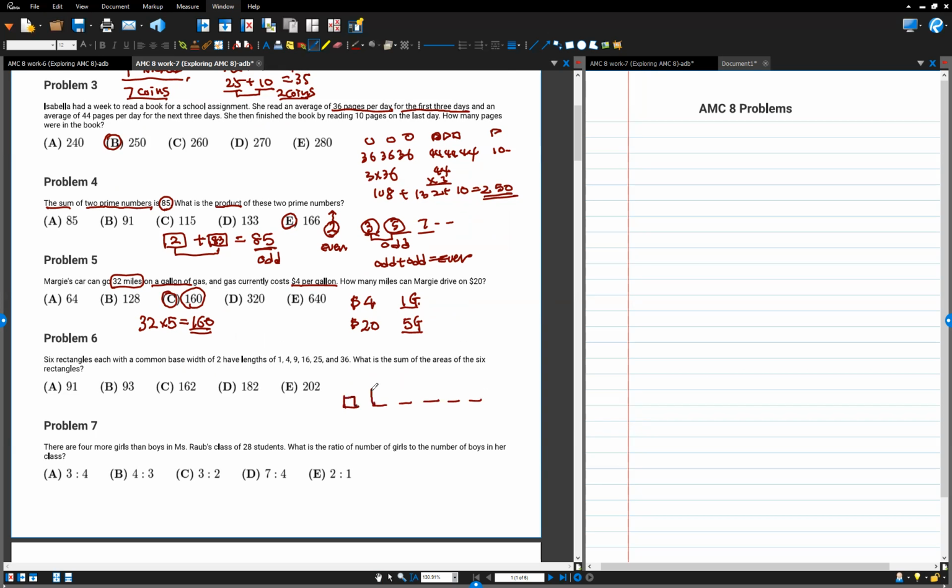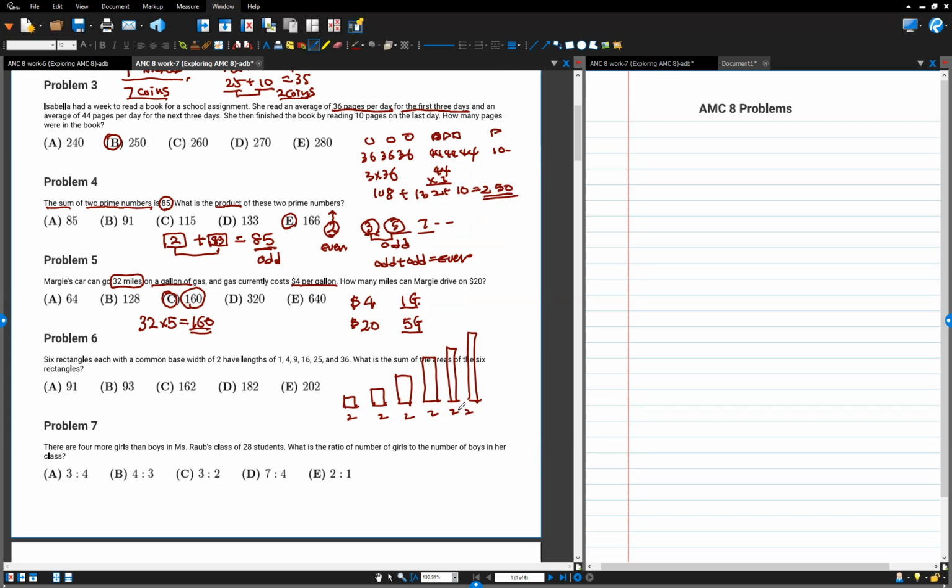This is a 1, this is a 4, this is a 9, 16, 25, 36. What is the sum of the areas of the 6 rectangles? Okay, try this one. Number 6 is not hard, okay?